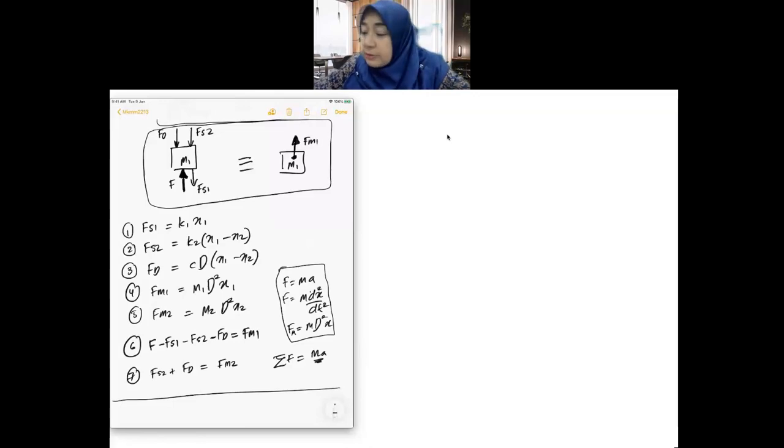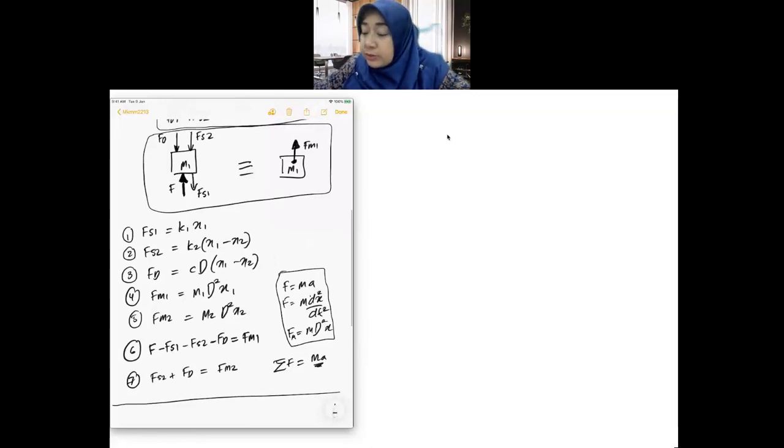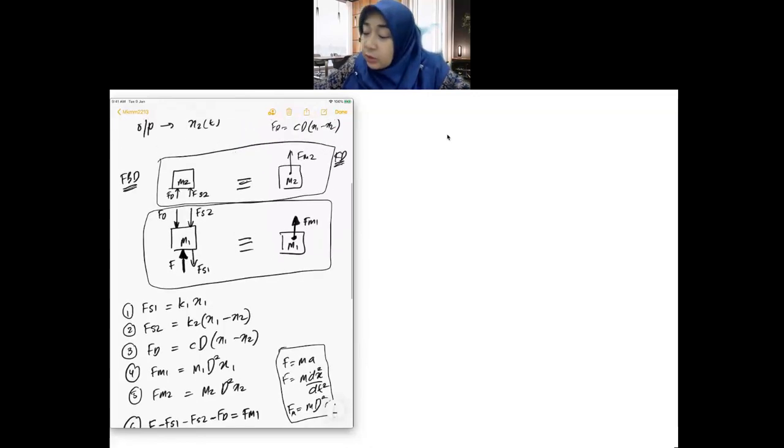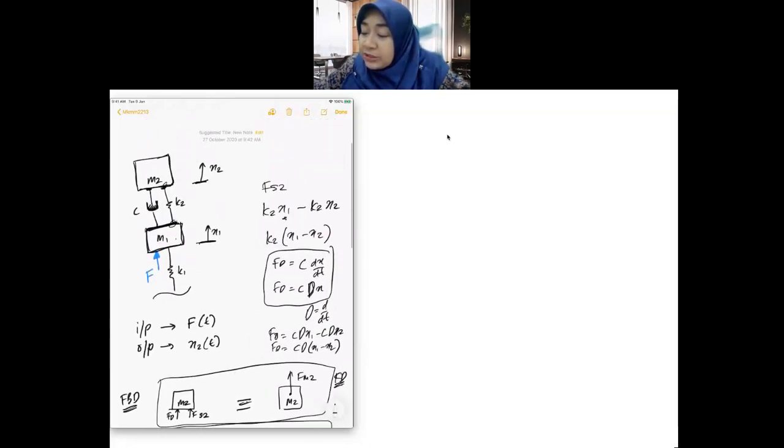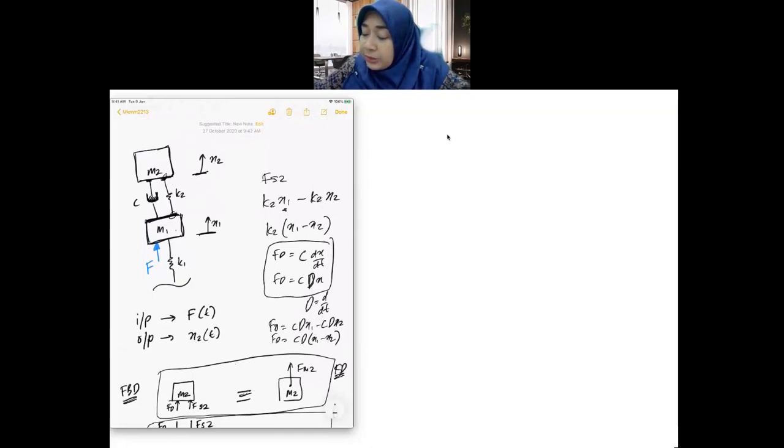Otherwise, you have to do a little bit of revision. For the block diagram, I start with the input, which, as we decided just now, is Ft, and the output of the system is X2.